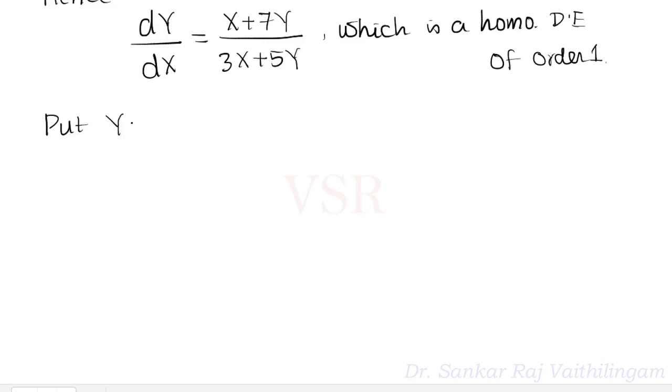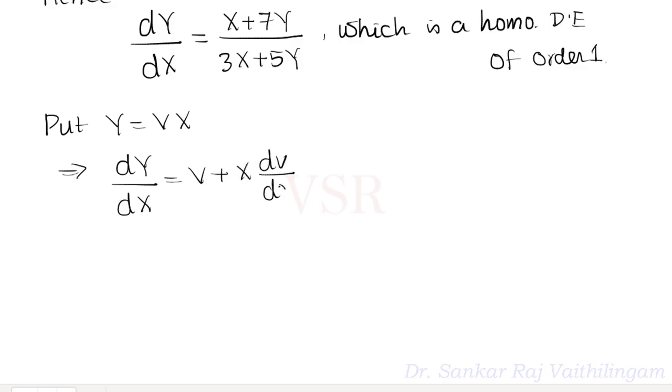So this implies that d capital Y divided by d capital X, which is equal to v plus x into dv by dx, equals x plus 7 times vx divided by 3x plus 5 times vx.